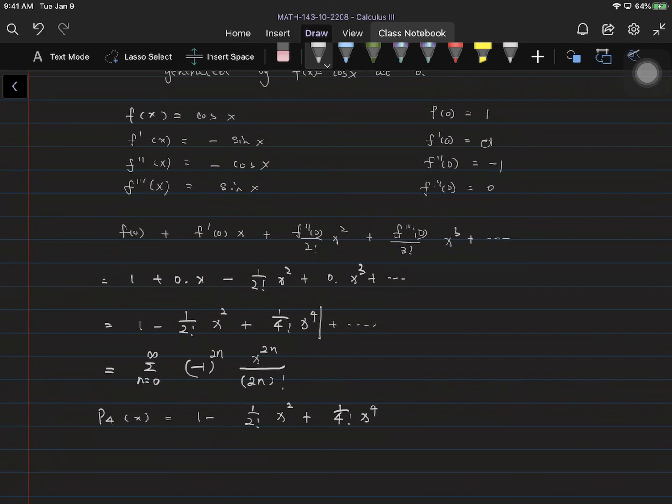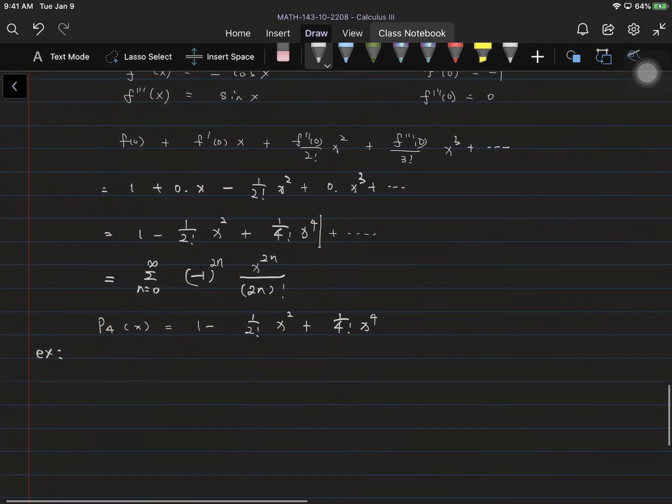Here's the exercise problem. Find the Taylor series of order 3 generated by this function.